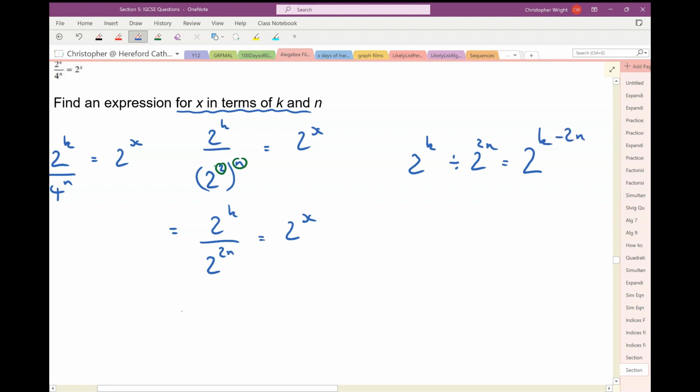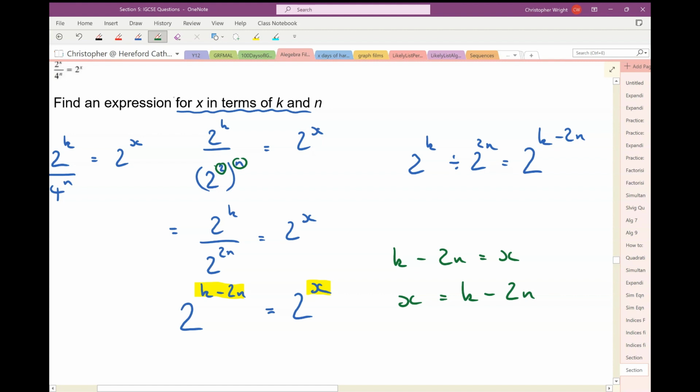So I know that equals 2 to the power of x. Well, in that case, k minus 2n must equal x. So x equals k minus 2n. And the question says, find an expression for x in terms of k and n, and I have done that.